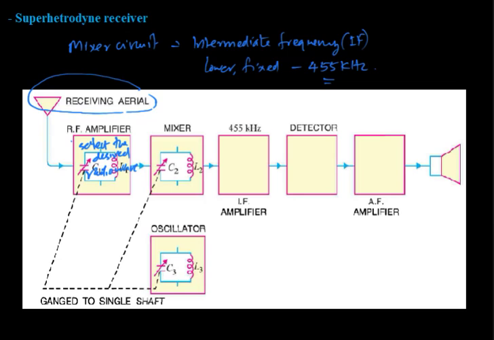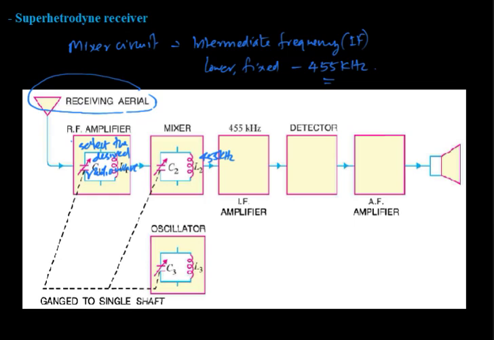This is mixed in the mixer so that it produces a frequency of 455 kilohertz, which is given to the intermediate frequency amplifier, and then this amplified intermediate frequency radio wave is given to the detector.